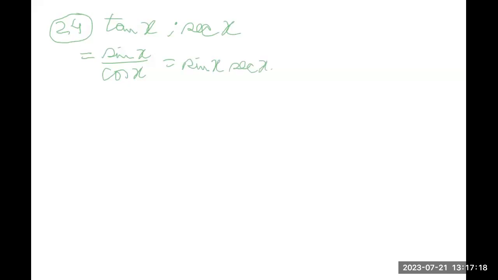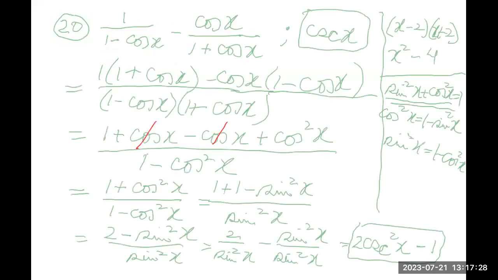Now, how do we convert sine x into cosine x? Basically using the same property that we had earlier here. So sine squared x is 1 minus cosine squared x.